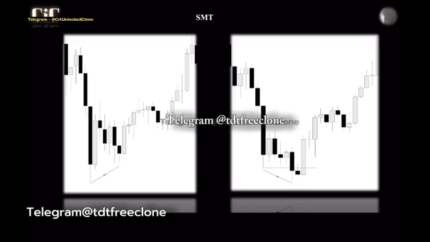Right, so in plain English, SMT is one asset class taking the low, and the other asset class is not taking the low, which indicates weakness in this asset class and indicates the lack of desire to go any lower, right? So this is the cheapest they want to offer this asset class.